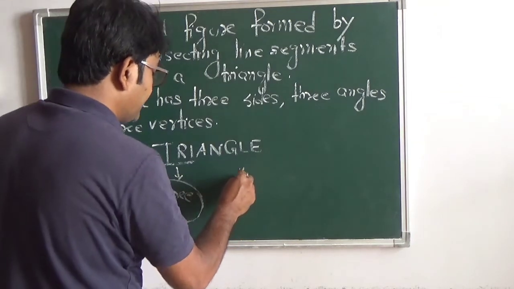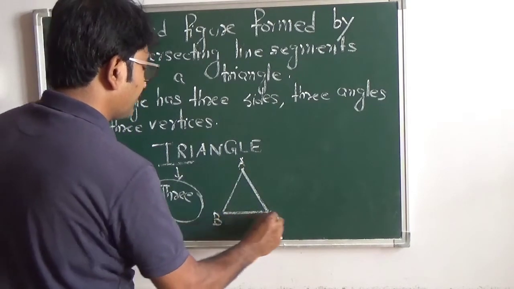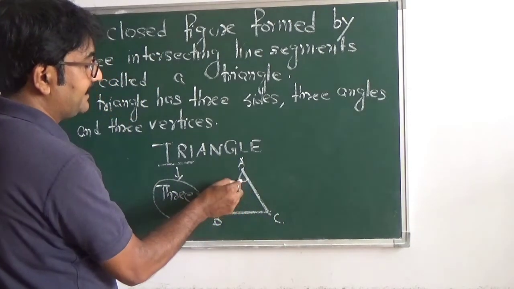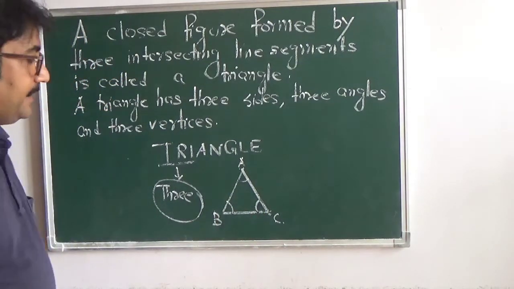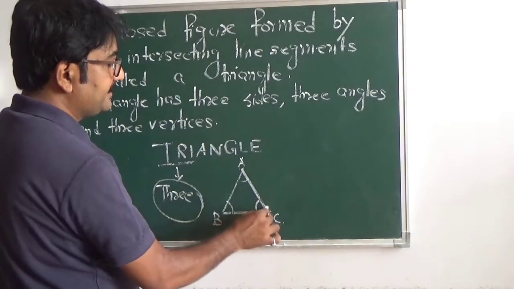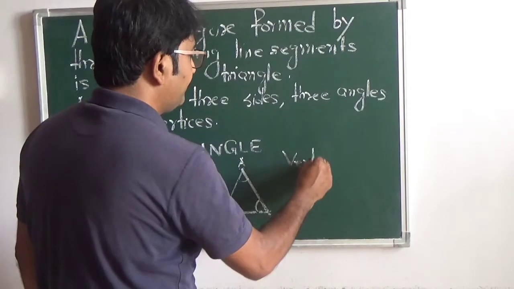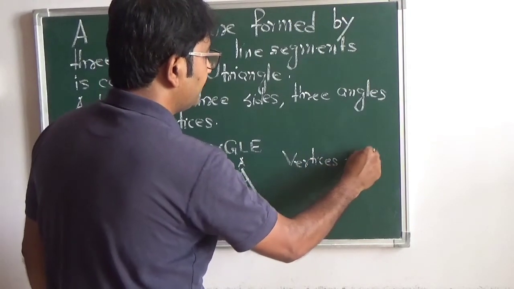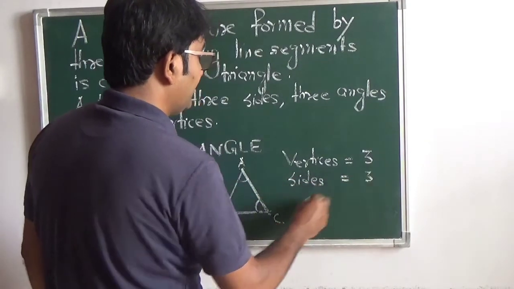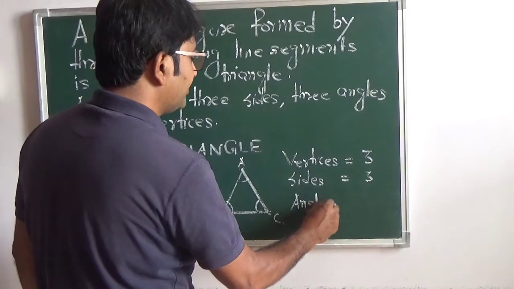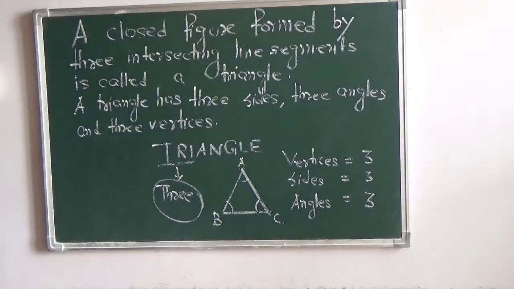So if you see a triangle ABC, we have three angles as angle A, angle B and angle C. Also at the same time we have three sides AB, BC and CA and three vertices A, B, C. So you find that the number of vertices in the triangle is 3, the number of sides in the triangle is 3 and the number of angles in the triangle is also 3, and thereby the name triangle.